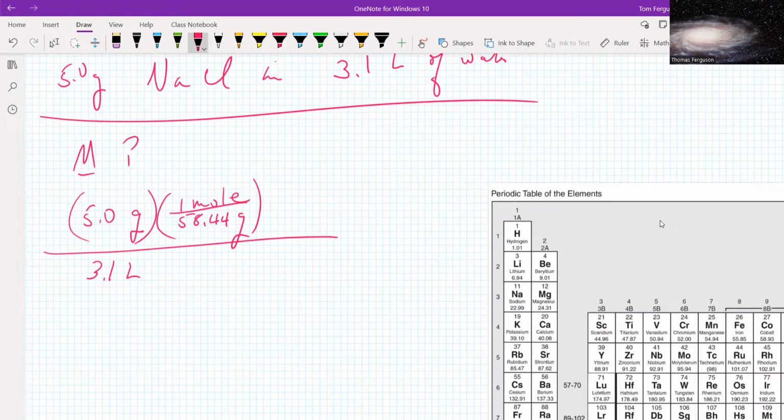You're going to divide 5 by 58.44 and divide it again by 3.1, and that'll be the moles per liter of that solution.